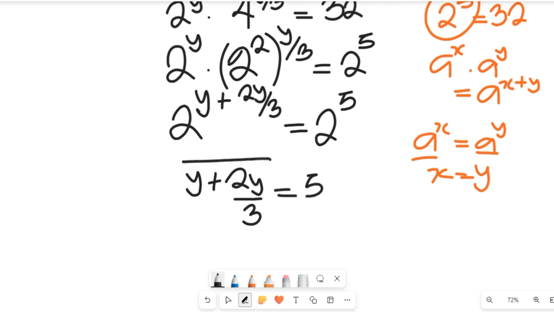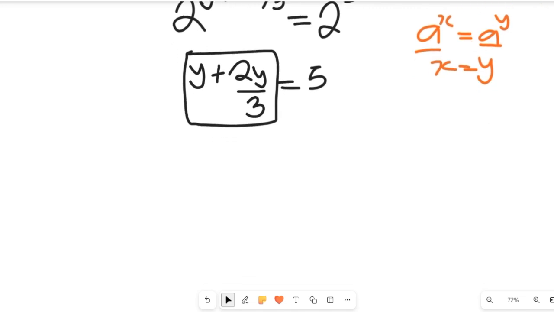So we are going to simplify this. To simplify this, we find the lowest common denominator, 3, and this whole thing will be divided by 3.